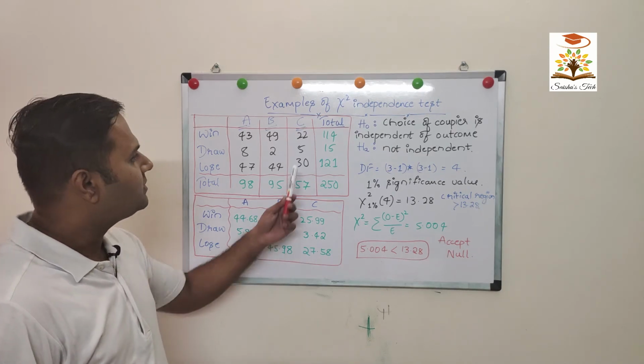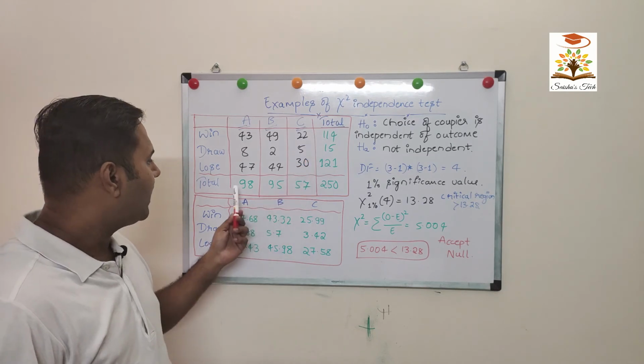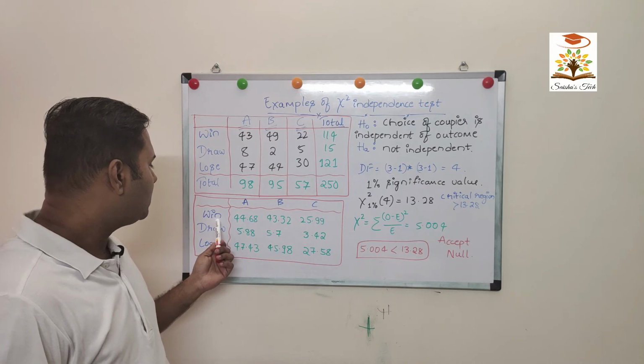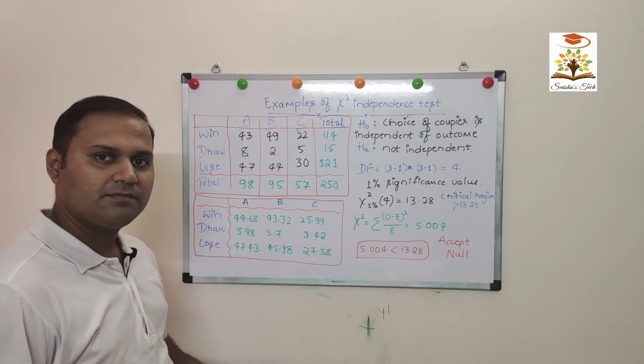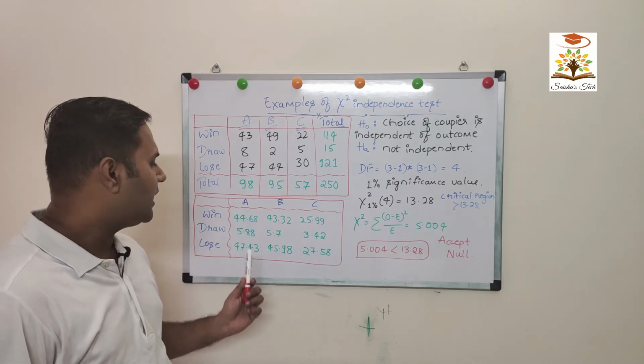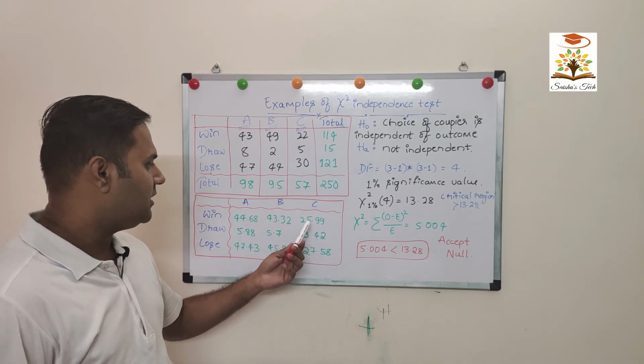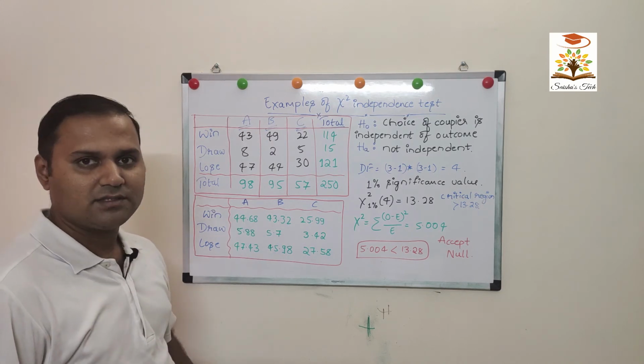In this case, it is 114 times 98 divided by 250 for the win case of copier A. Similarly, we can calculate all the expected values for copier A, B and C for win, draw and lose case.